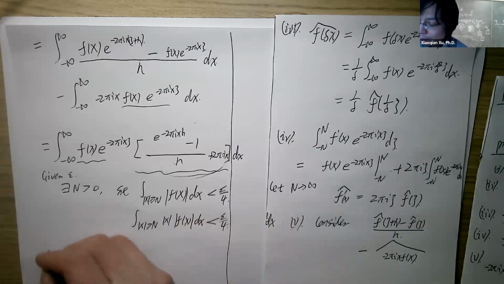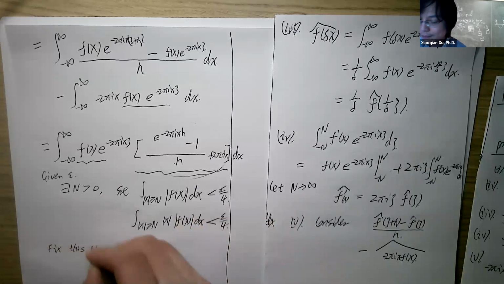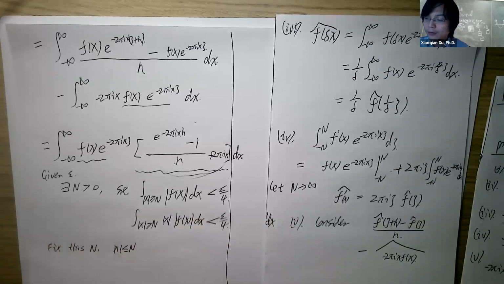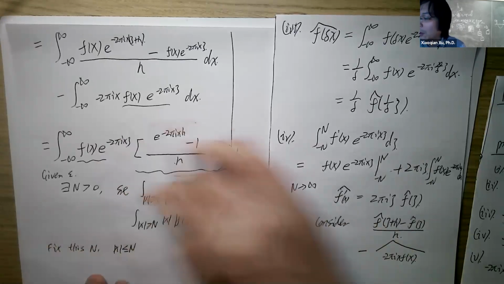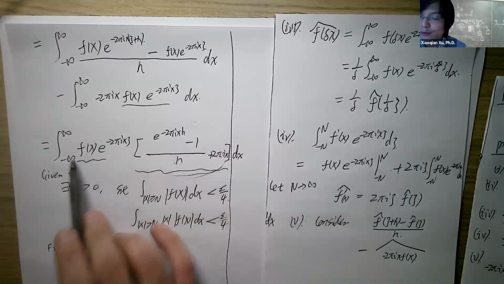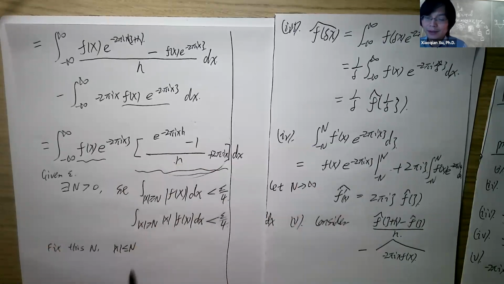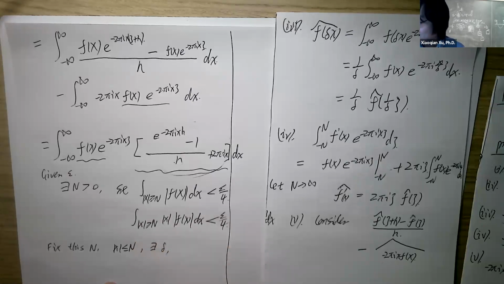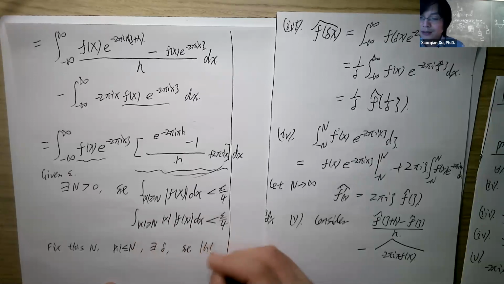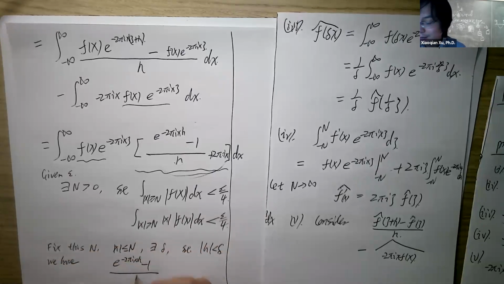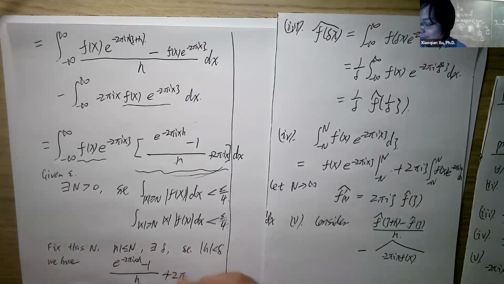Okay? And if we fix this n, for x greater than n, all this part is less or equal than x, 1 plus x, so of course it's less than half epsilon. But if x is less than n, x now is bounded. There exists some delta such that if h is less than delta, we have (e^{-2πixh} - 1)/h minus or plus 2πix.